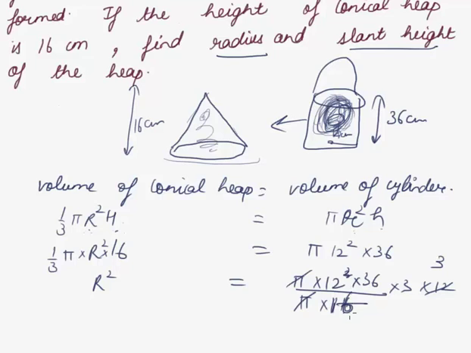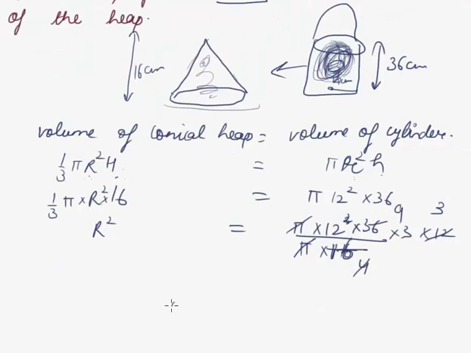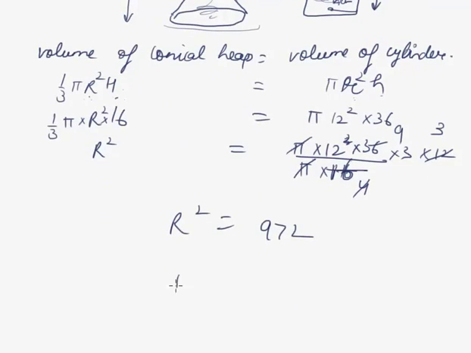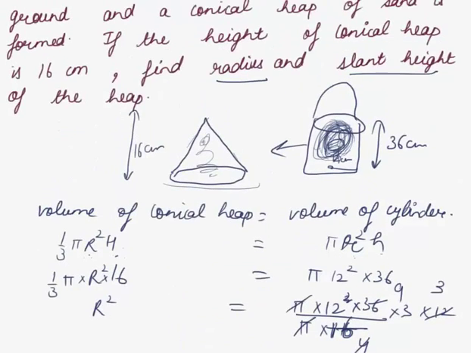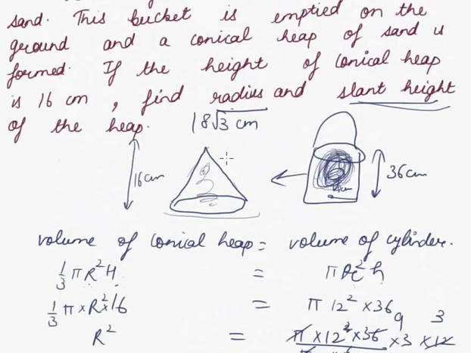Sorry, it is 16 only, so we will get ultimately r square as 972, and on solving this square the radius will come out to be 18 under root 3 centimeters. So we need to calculate the radius as well as slant height of the heap. Radius we have calculated as 18 root 3 centimeters, whereas the slant height, that is this height, can be calculated by using Pythagoras theorem.